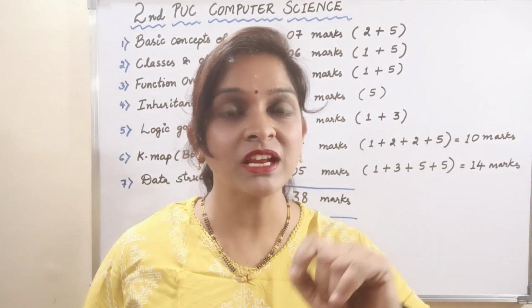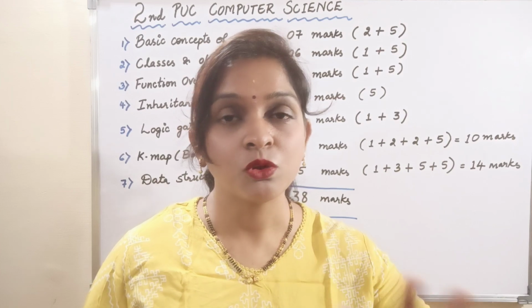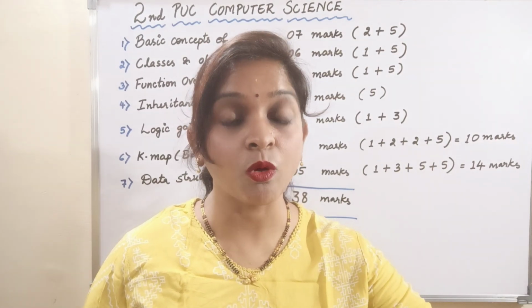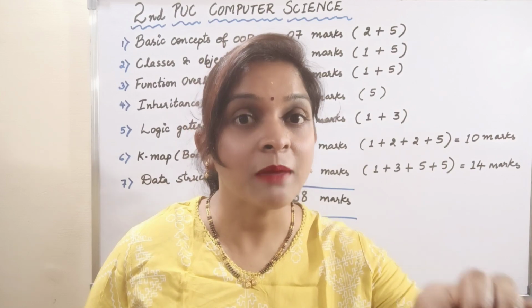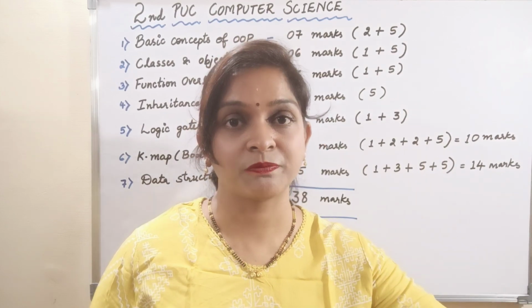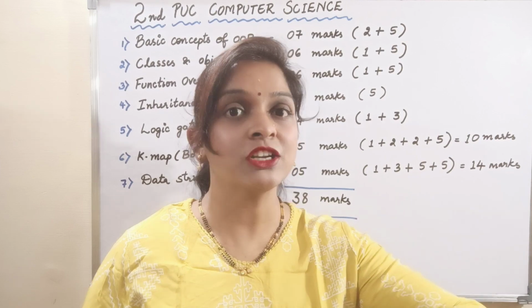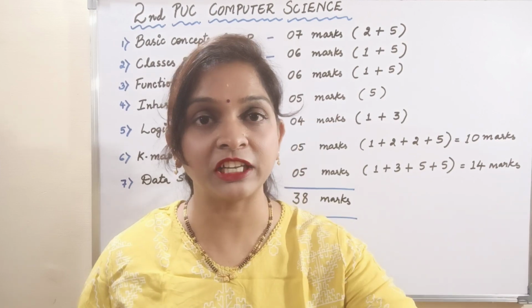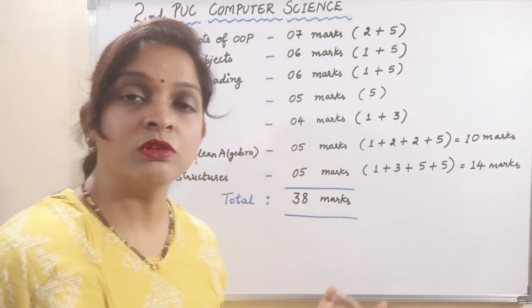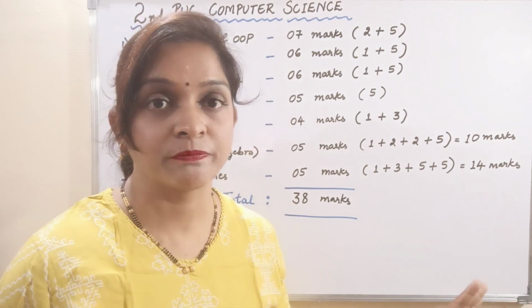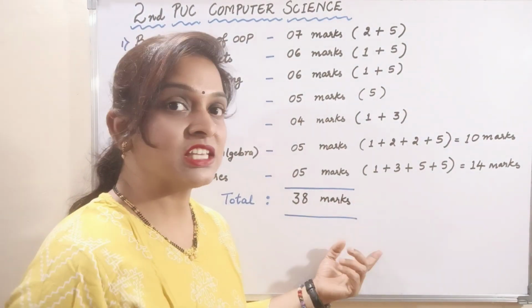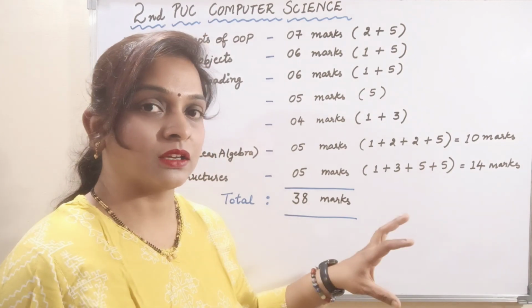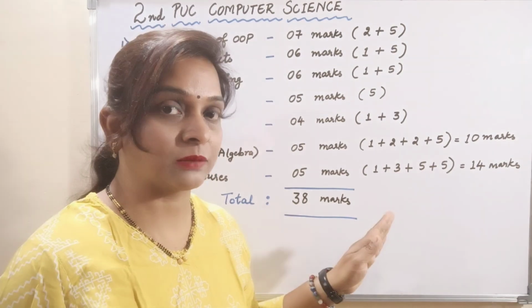But what I suggest you is, don't concentrate on important questions. Concentrate on important chapters with which you can score 21 to 30 or 30 to 35, 38 like this. So 38 will be the highest margin and you can score within that.